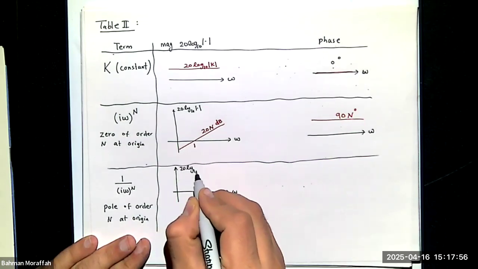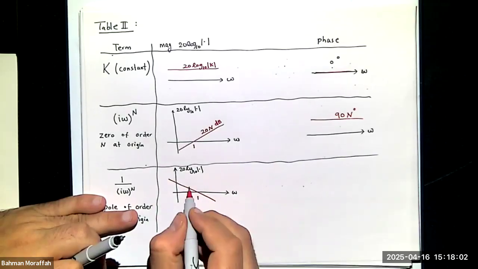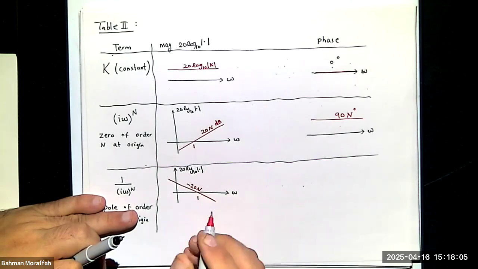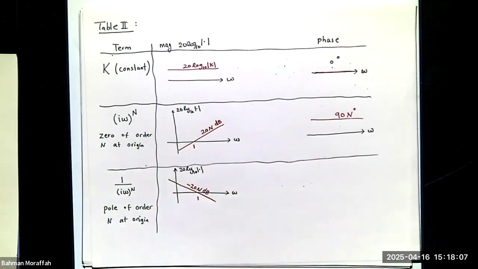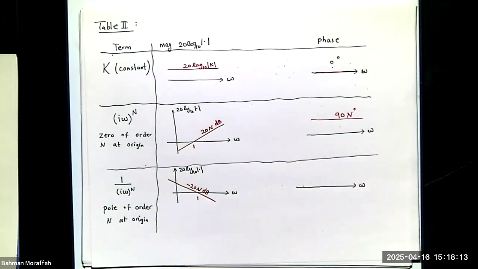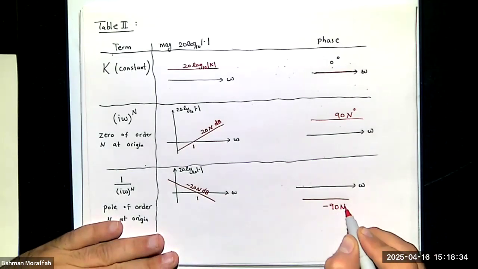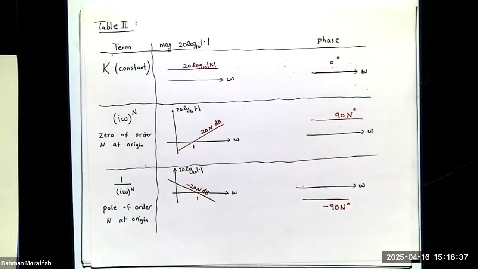This is 20 times log 10 of the magnitude. So it's going down with this slope, 20 times n dB, right? What is the phase? Again, the phase is the phase of 1 over i, which is the same as negative i, which is minus 90 degrees. Since I'm repeating it n times, I have to add it up n times. So therefore, the angle here would be negative 90 times n degrees, right?